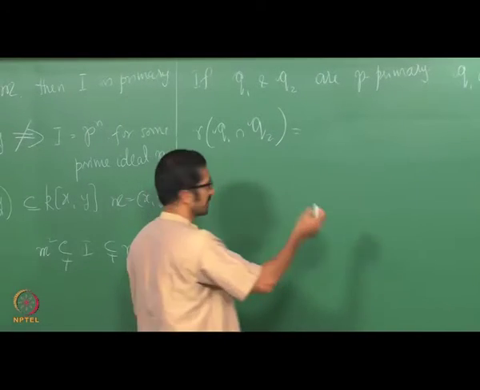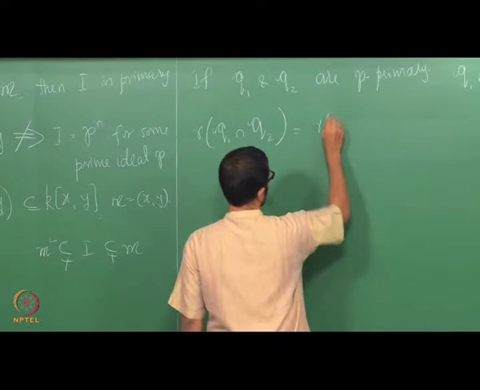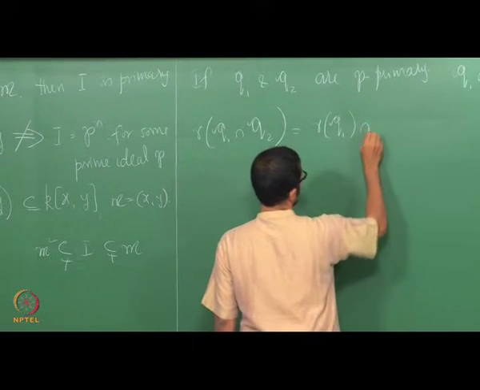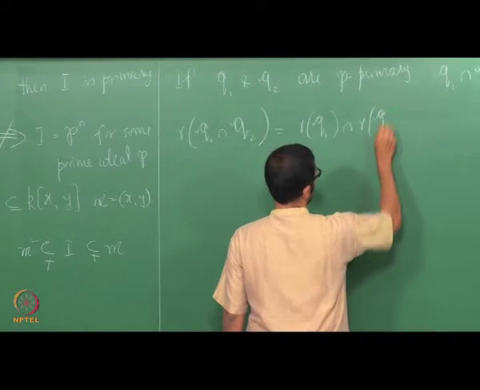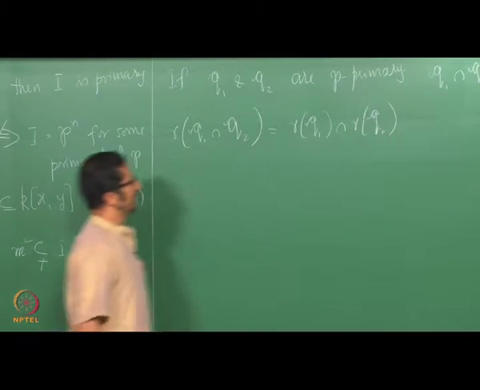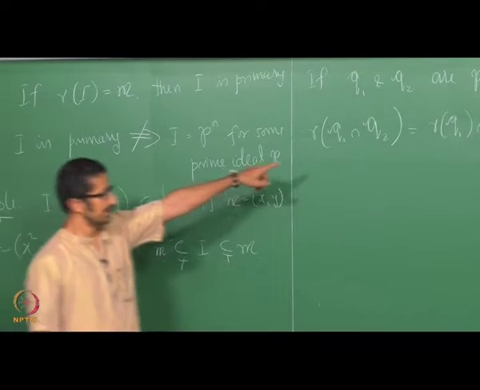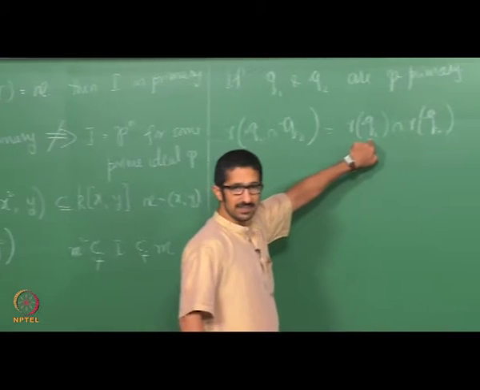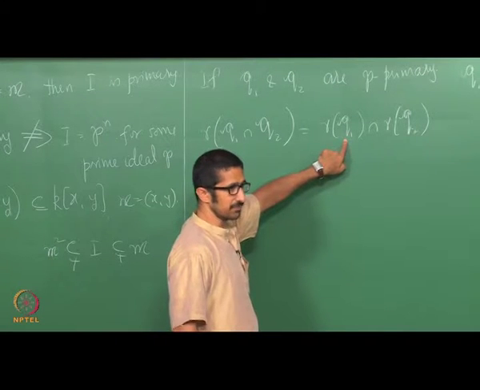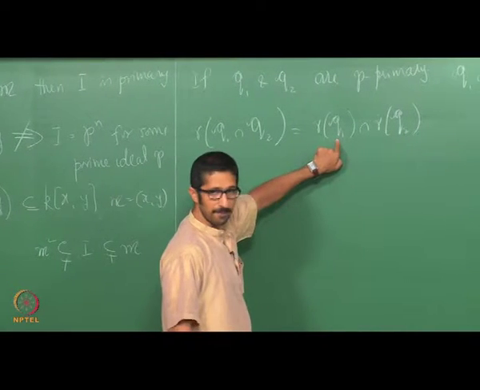By properties of the radical, this is equal to the radical of q1 intersection the radical of q2, but both of them are p primary. So therefore this will be p, this will be p.